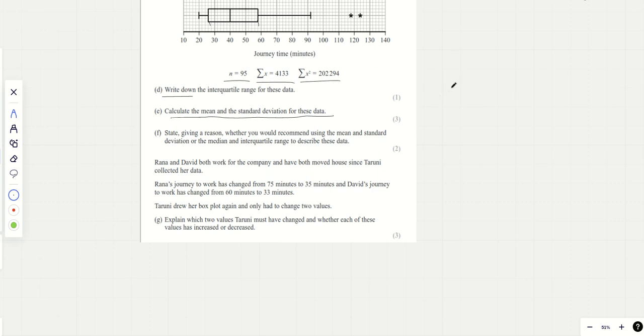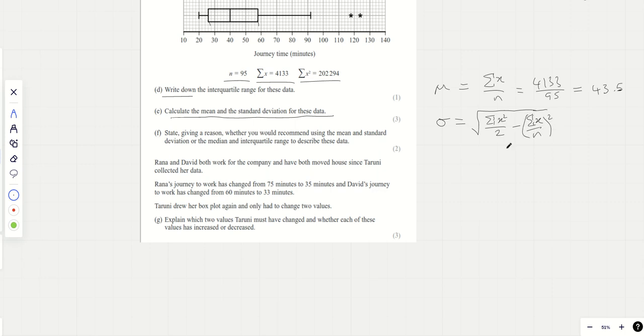So let's note down that the mean is the sum of x over n, which in this case is 4133 over 95, and you can work that out as 43.5 to three significant figures. Then the standard deviation is more complicated. You've got to do the square root of the mean of the squares minus the square of the mean.